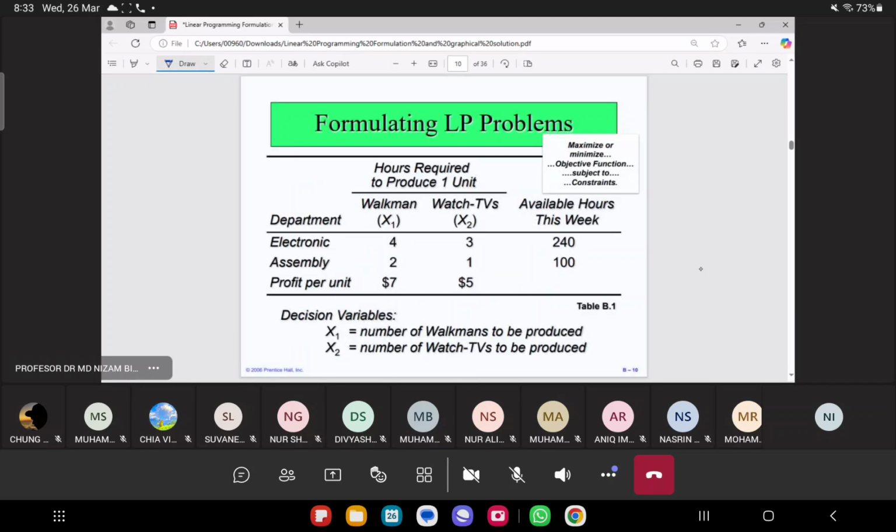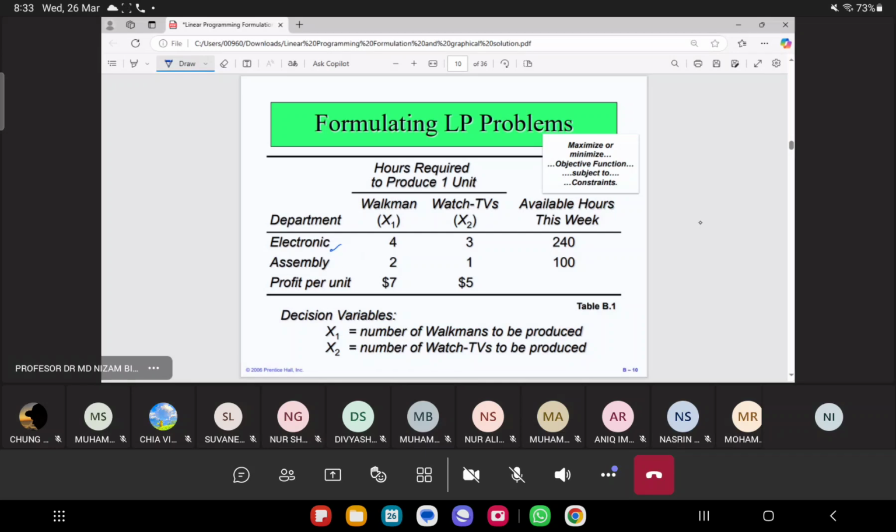And this data is given. The given data is the hours required to produce one unit of Walkman and Watch TV, and these are basically the resources. They have an electronics department, so this is the man hours in the electronics department.